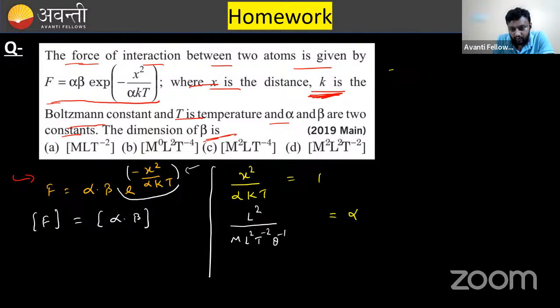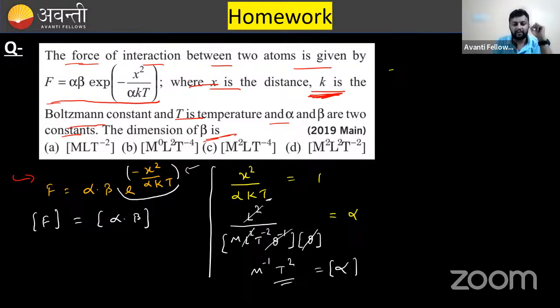This is the dimension of the Boltzmann constant, into T, which is what? Temperature. Temperature means theta. This is the dimension of alpha. So this theta and theta can be cancelled. L square and L square can be cancelled. So M minus 1 T square is the dimension of alpha.